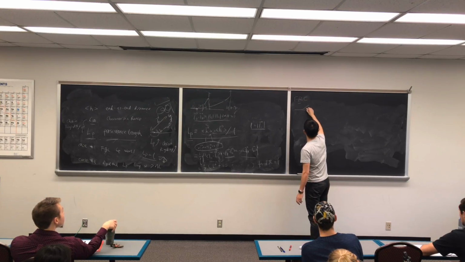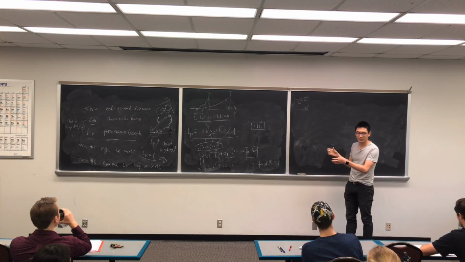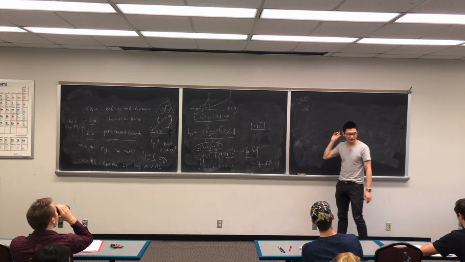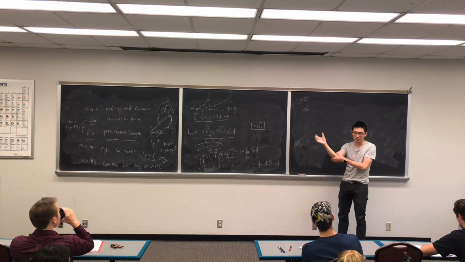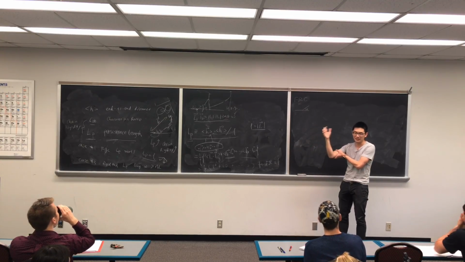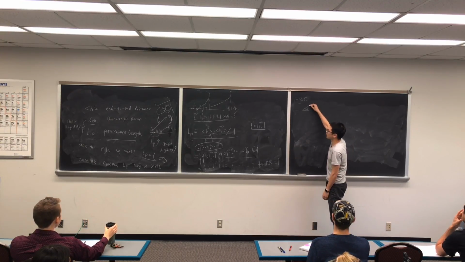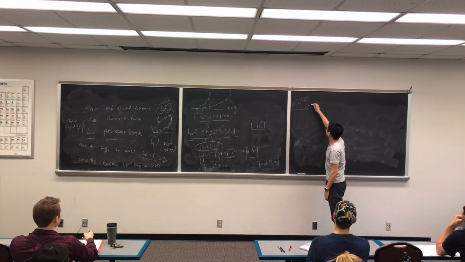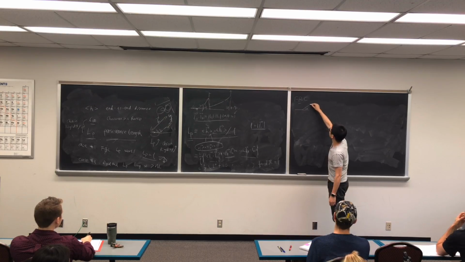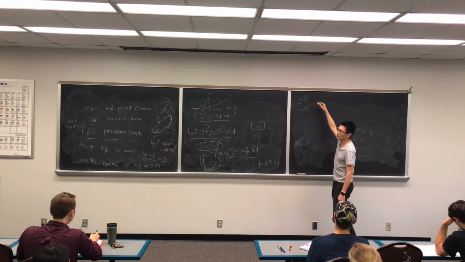You're going to have a bond angle theta. Theta is fixed now, right? It can rotate around the stem, but this theta is fixed. Now you're going to have a second one, which can rotate around the theta again. So this will be fixed, but this can rotate in plane, right?